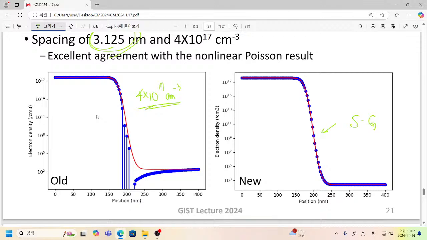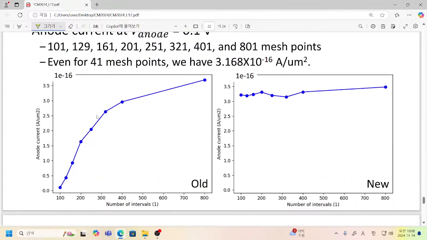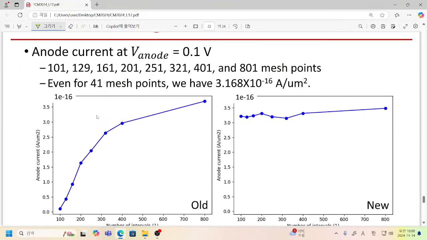So simply speaking, with this new Scharfetter-Gummel scheme, we can exactly recover the result of the nonlinear Poisson equation. However, you can ask me this question: this has been shown for the equilibrium result, and how about the non-equilibrium case, forward IV or reverse IV? So now you can see it clearly.